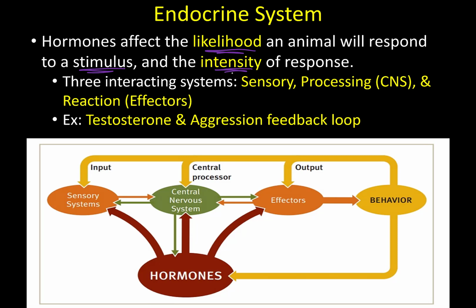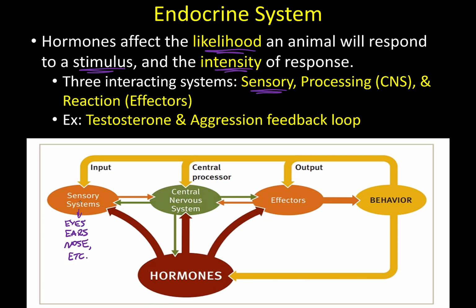Now, there are three interacting systems in an animal's body that mediate their response to a stimulus. There's the sensory system, which is collecting information from the environment. So down here on our diagram, our sensory systems might consist of our eyes, ears, nose, and any other senses that we use to pick up information from our environment.